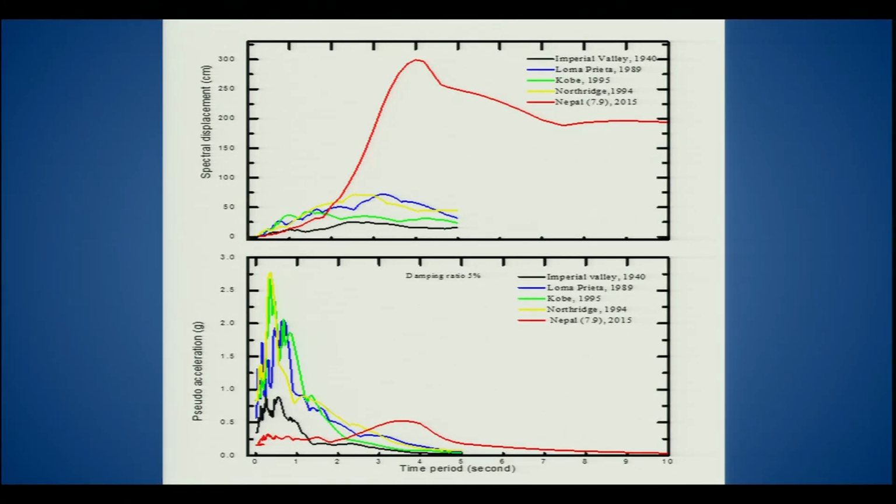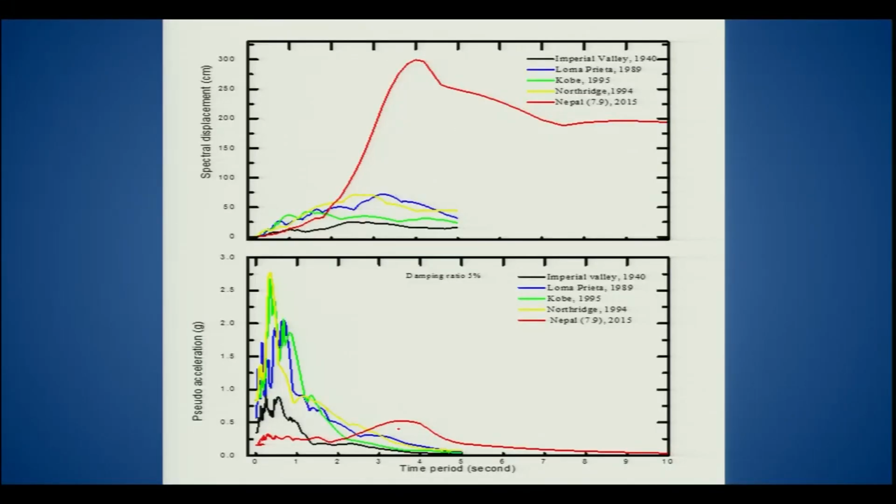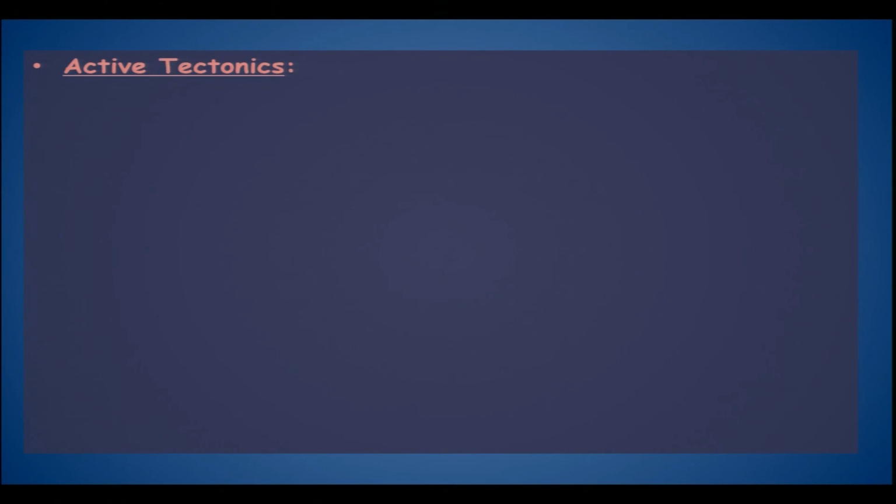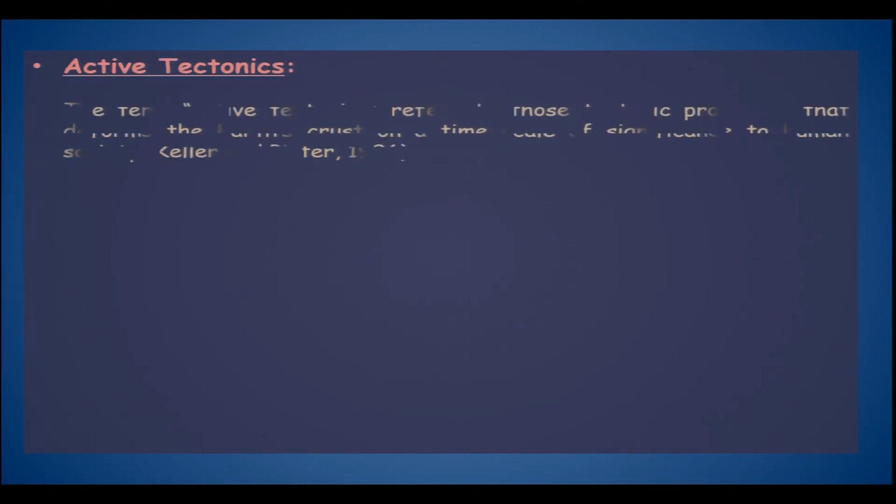The same magnitude earthquake may have different types of damage and ground shaking. So we are blessed that this event was not similar in terms of ground acceleration to Northridge, Kobe, Loma Prieta and Imperial.